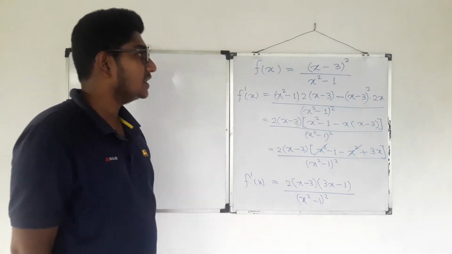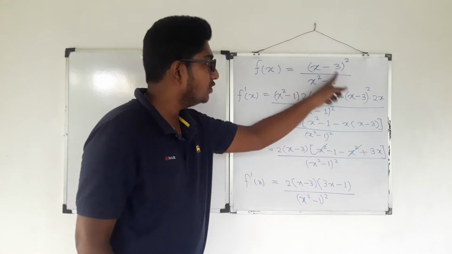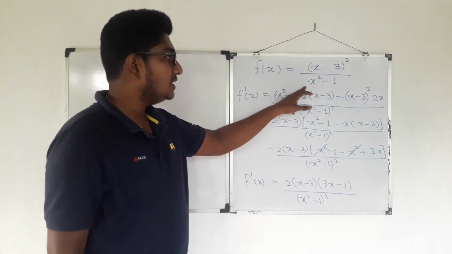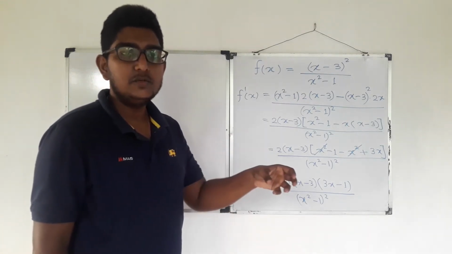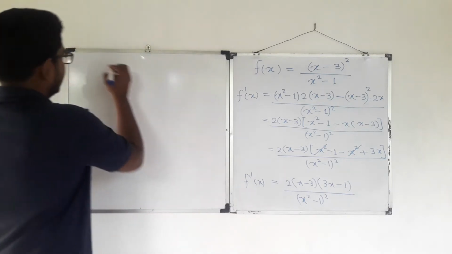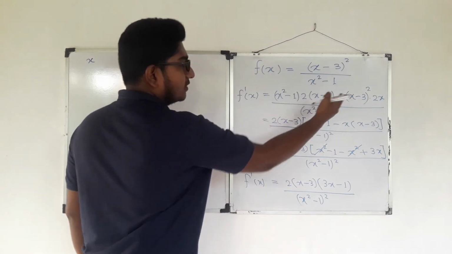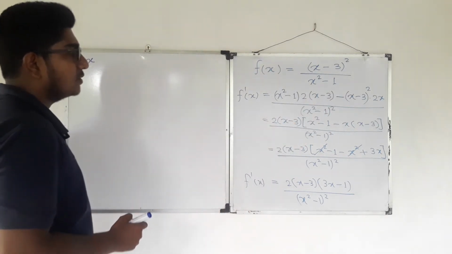This f(x) function is not defined when the denominator becomes 0. For that you have to equate the denominator to 0 and find the values of x. x squared minus 1 equals 0. The answer is x equals plus or minus 1.